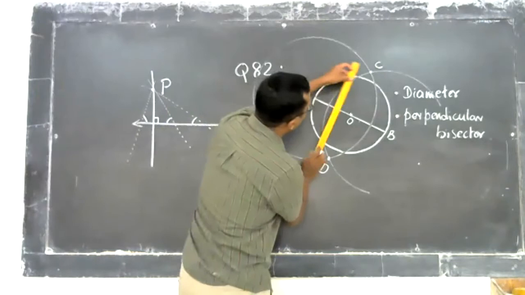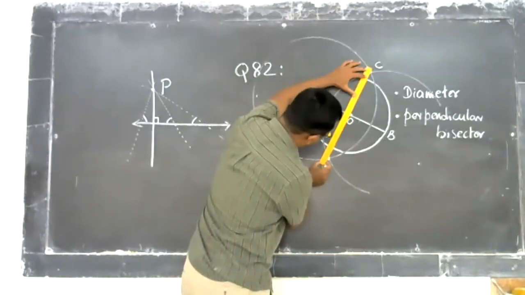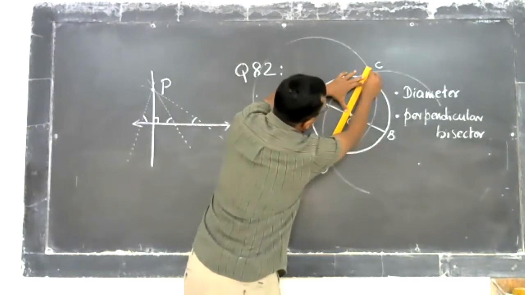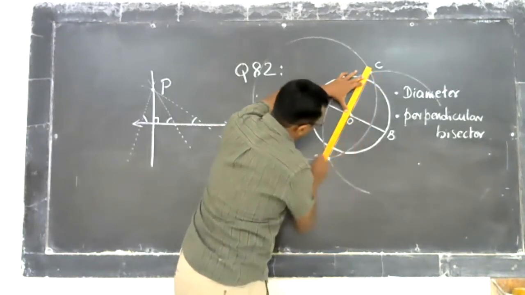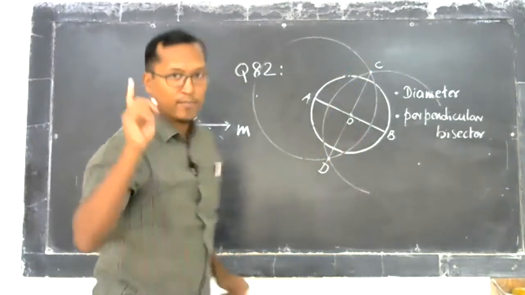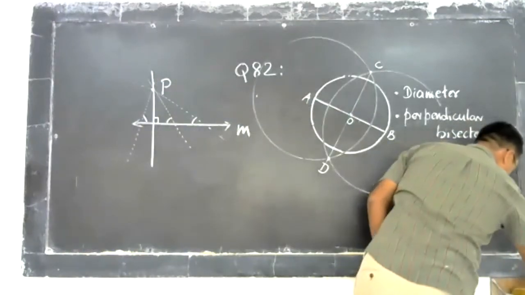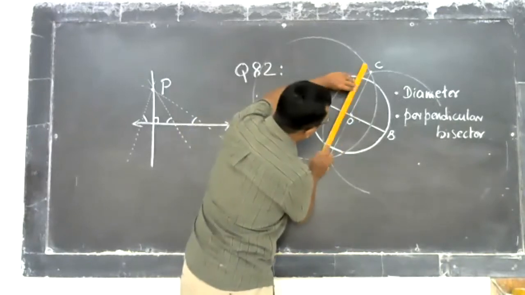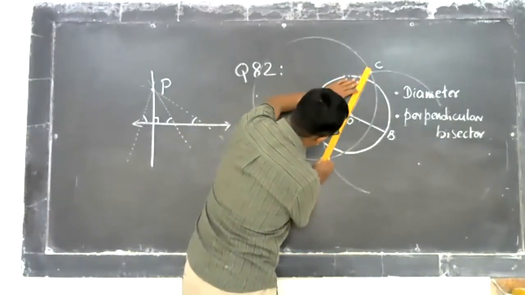Okay. So this is the perpendicular bisector. But in this, I'm going to highlight one part of this perpendicular bisector.